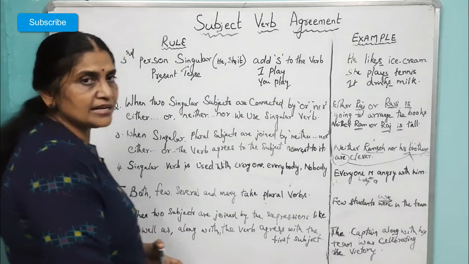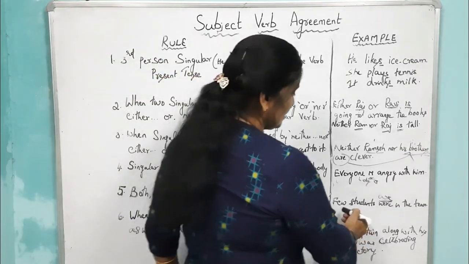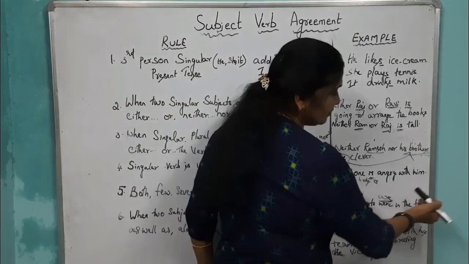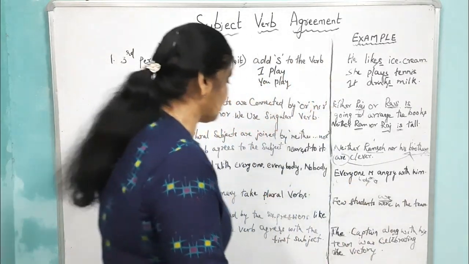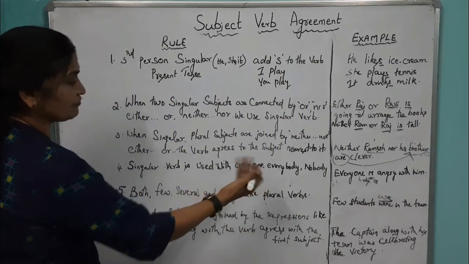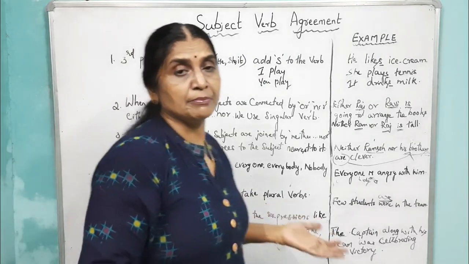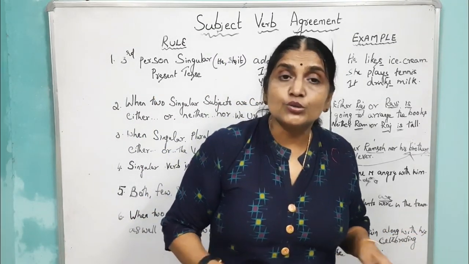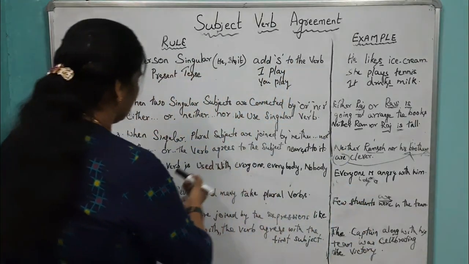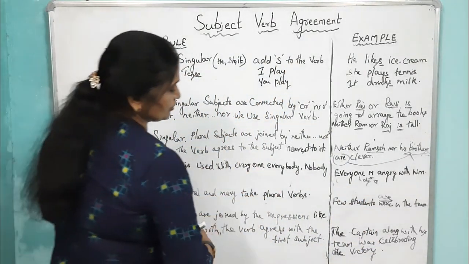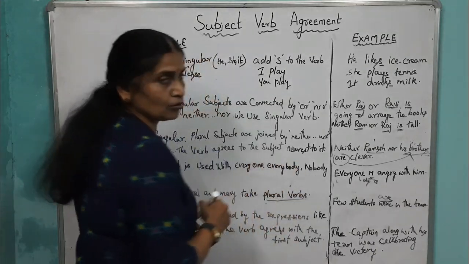Both Raj and Ram, both of them are in the team. Few of them are in the team. Then several of them, several of the people, several of them agree to the proposal. Got it? So several, few, both, all these words will take plural verbs.